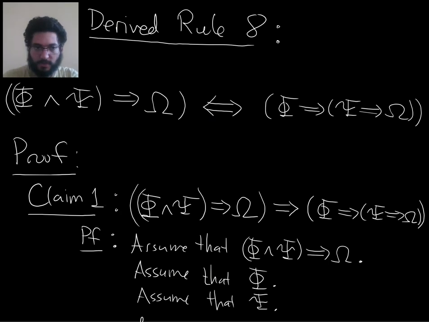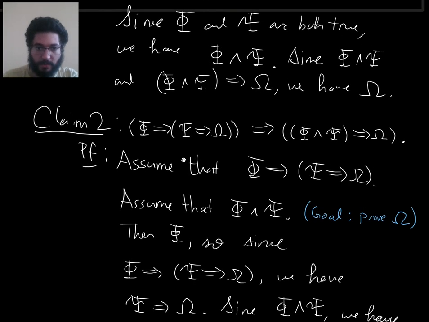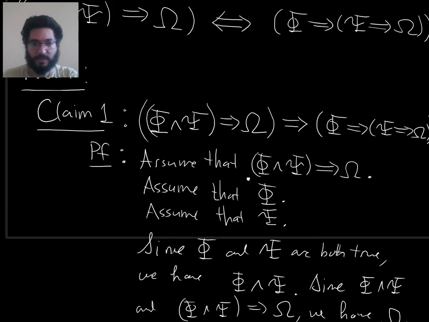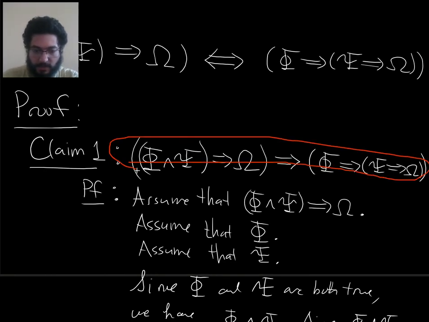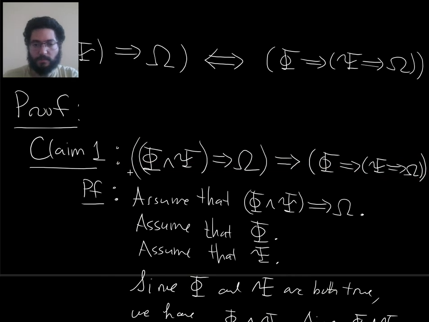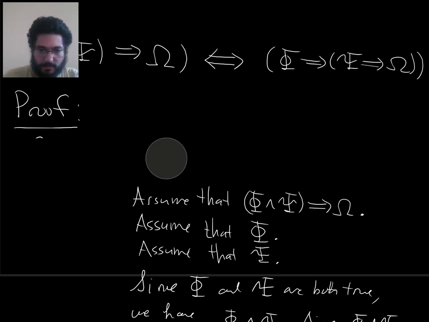So I could have made this one paragraph, claim 1, and then down here make claim 2 another paragraph. Then to help make things clear, if I'm not going to state the claim that I'm proving so clearly like I did here, what I can do is put some headings in front of the paragraphs, kind of like this. So here, instead of a claim, I can put a heading.